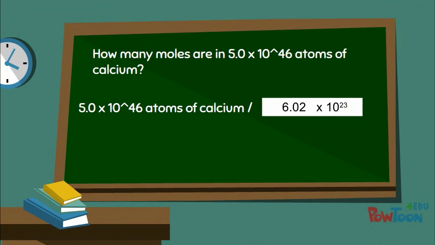In the calculator, you will enter left parentheses, 5.0, second key, EE key, 46, right parentheses, divided by, left parentheses, 6.02, second key, EE key, 23, right parentheses, equals button. It looks like this in your calculator.